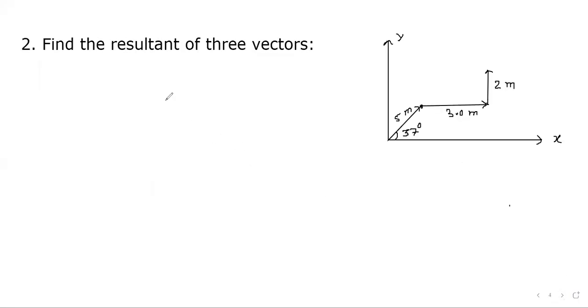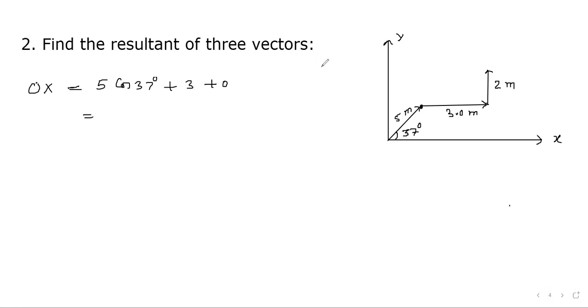Next question, find the resultant of three vectors. So let's find out the component along x-axis, that will be denoted as Σx. So 5 base component of this: 5 cos 37 degree plus 3 plus, since it is perpendicular, there won't be any component along x-axis, so it will be 0.